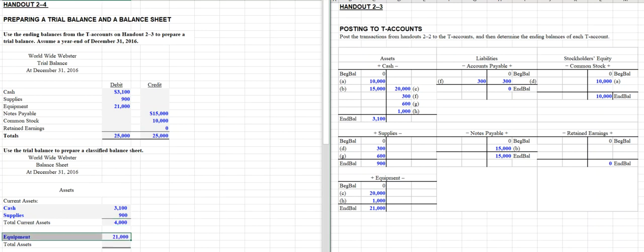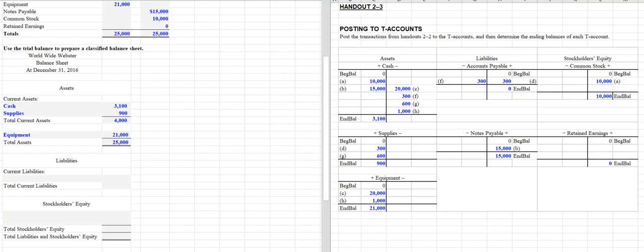All right, we had equipment of $21,000, which means our total assets are $25,000. Let's go ahead now and pick up our liabilities and equity. We've got notes payable of $15,000, meaning our current liabilities are $15,000.